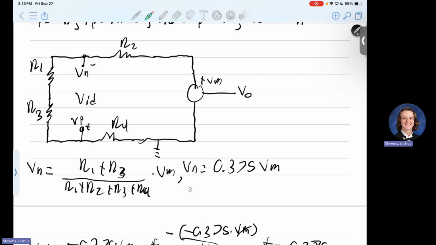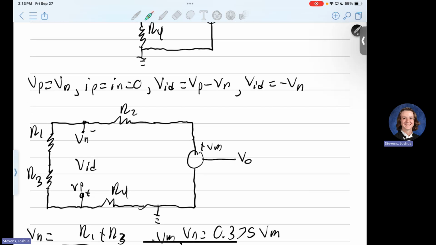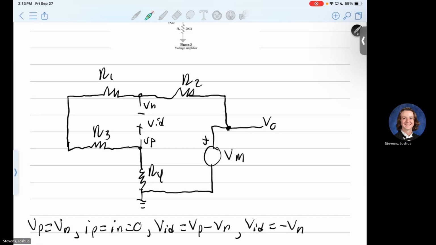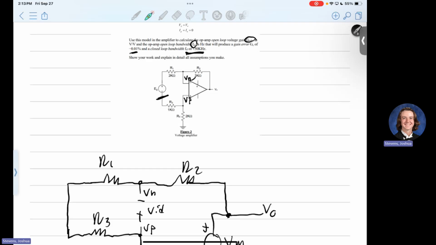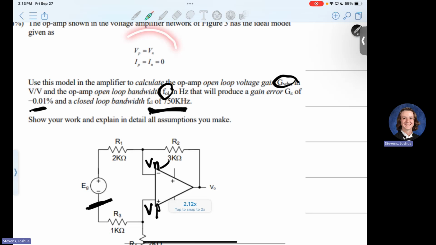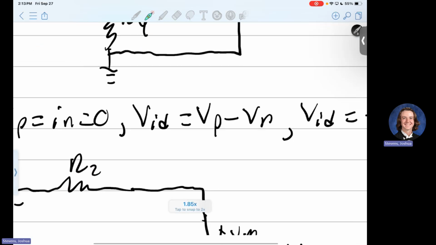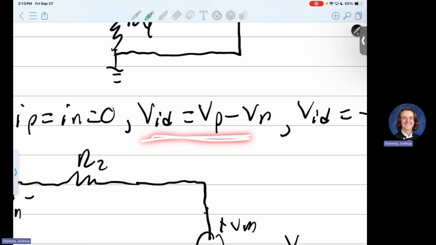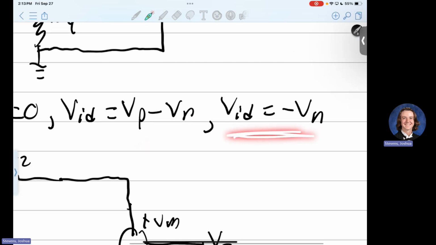But what we solved for earlier, based on the equations we're given, the VP equals VN and IP, that stuff. We found that VID equals VP minus VN, another standard equation. VID simply equals negative VN. That is because VP equals 0.